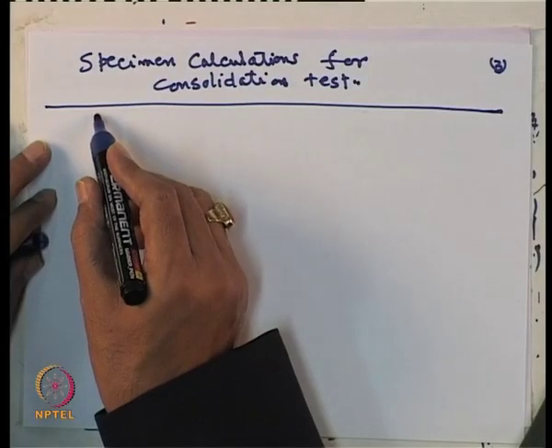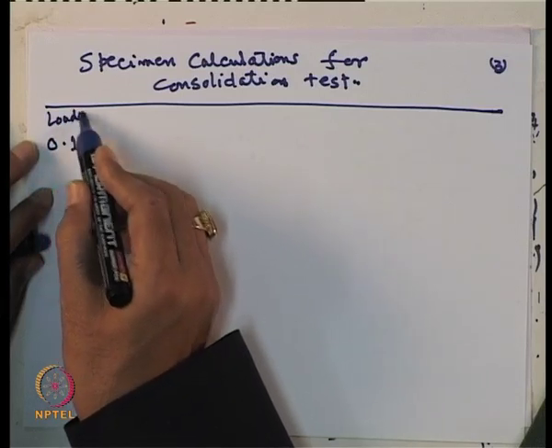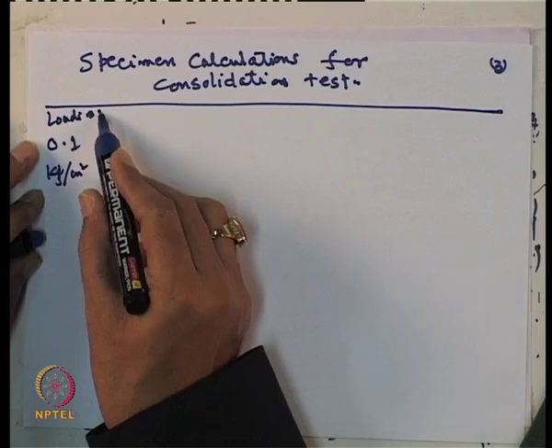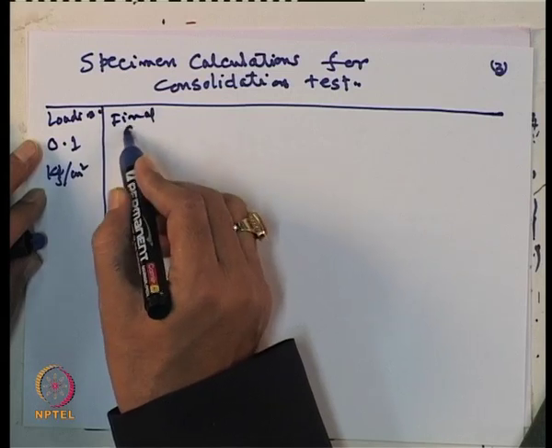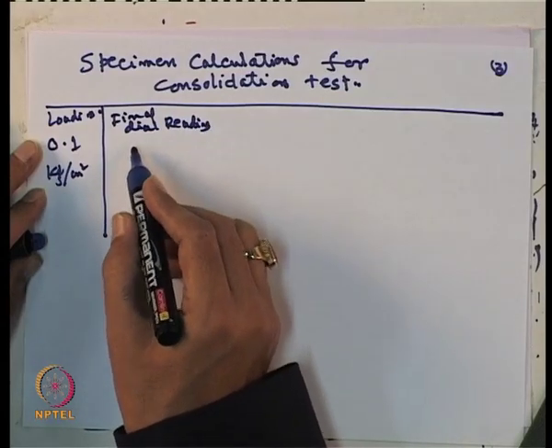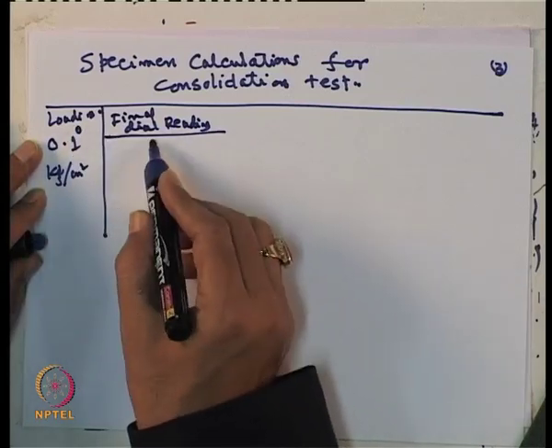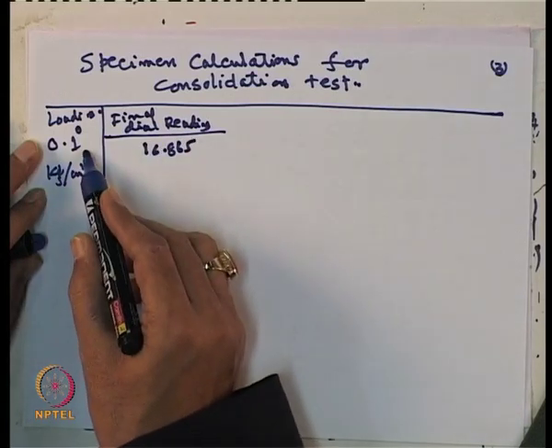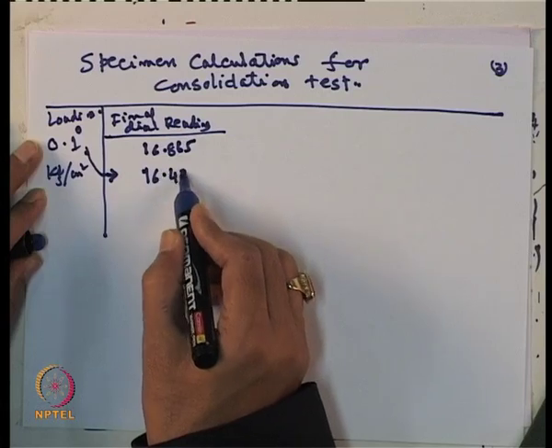Let us say that at a particular loading, when loading is 0.1 kg per centimeter square, you are taking the final dial reading. And let us say that at the 0 loading, the dial gauge is 16.865, and for this loading you are having 16.434.